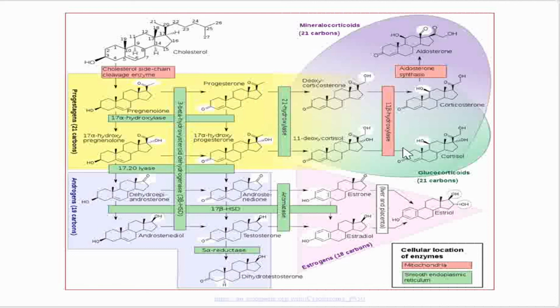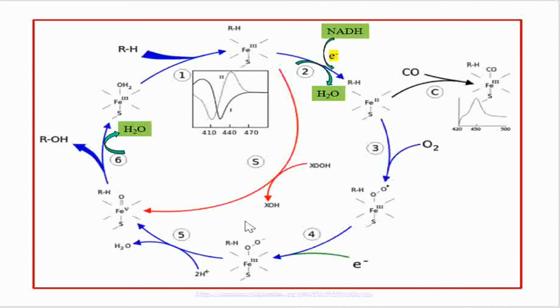Insoluble aliphatic and aromatic hydrocarbons are converted into soluble alcohols so that they can easily be excreted out of the human body. This is the mechanism of action of cytochrome P450.